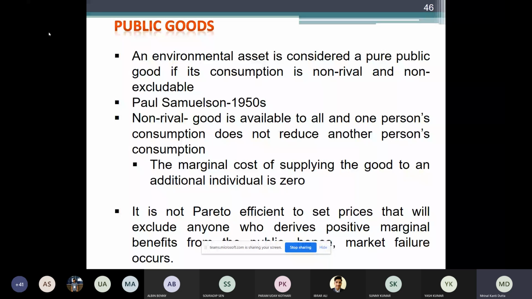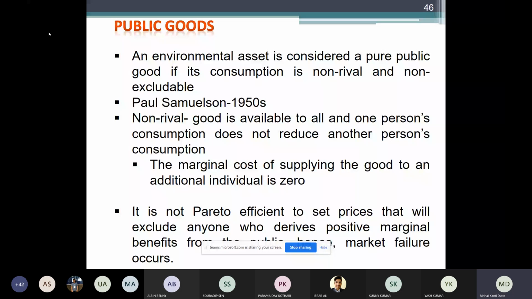So it's already available. That's why there is no additional cost. So we say that the marginal cost of supplying the good to an additional individual will be zero. So in that case, this is a non-excludable resource in essence. Although we say these two things are there, non-rivalry, good is available to all, and one person's consumption doesn't reduce another person's consumption. The marginal cost of supplying the good to an additional individual is zero.